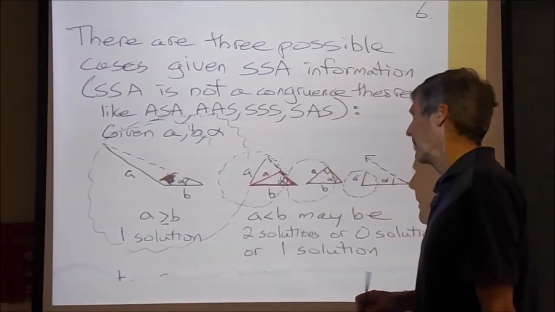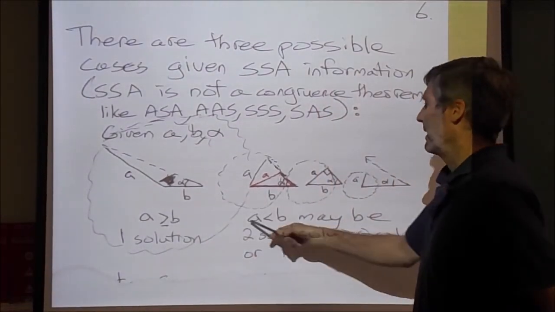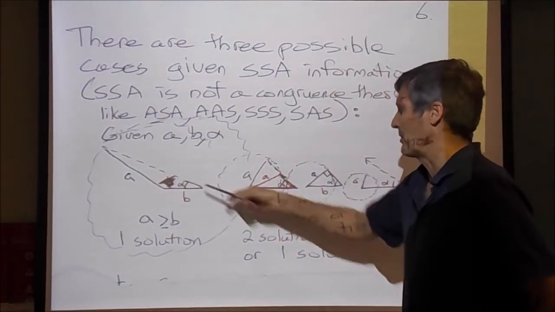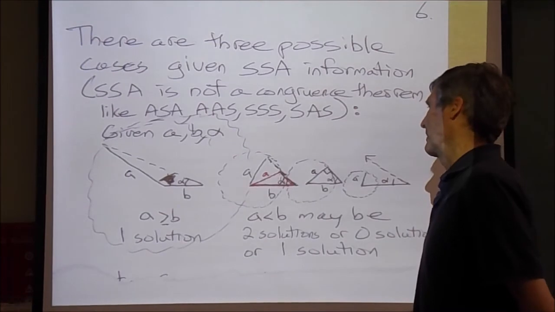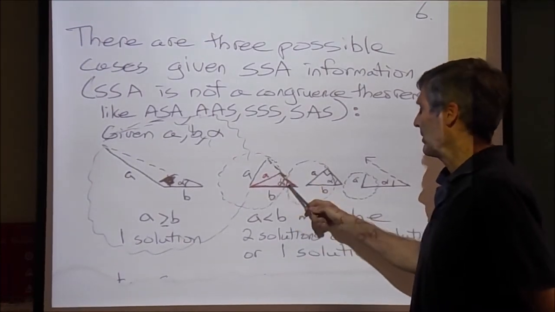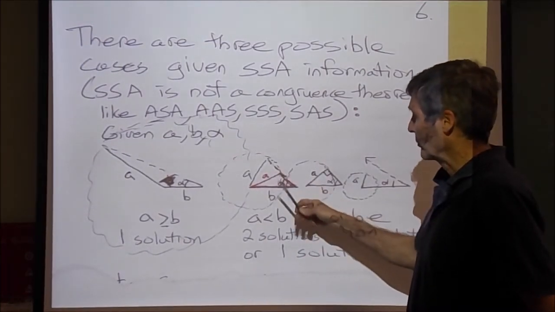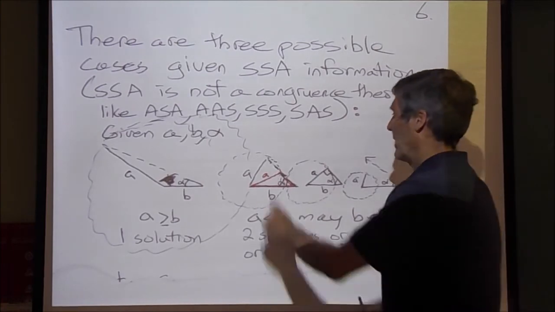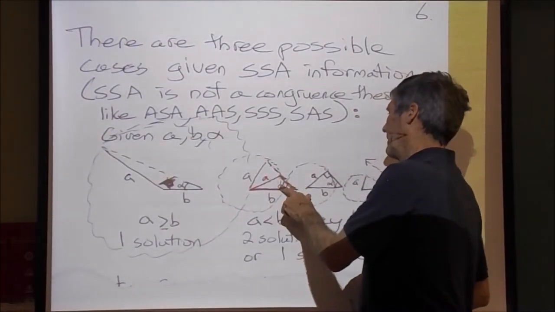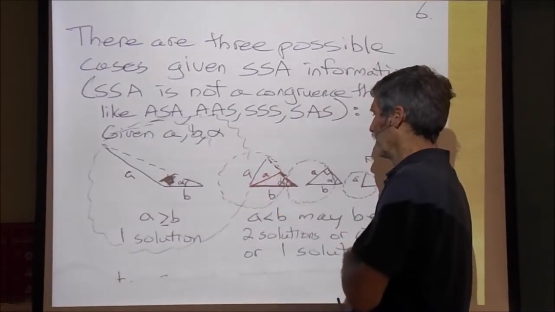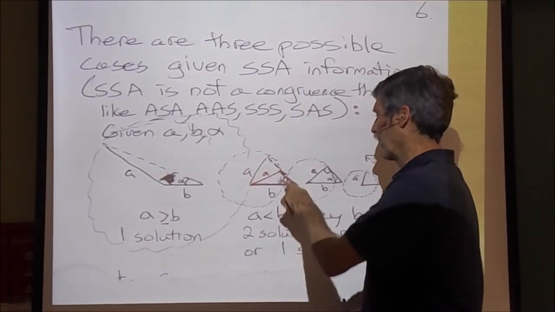Always one solution. But there's another case. You might have A, this side opposite the angle given, less than B. Now you've got three different cases. It might be this case where there's two triangles. This is the last one we had. We had A and B and alpha, or another side-side angle case.